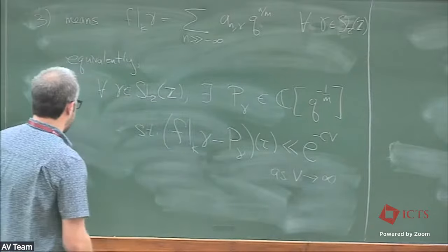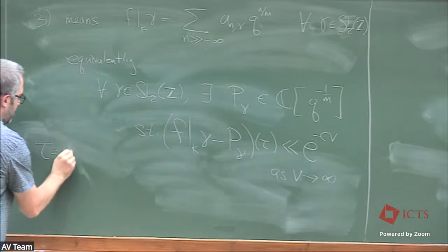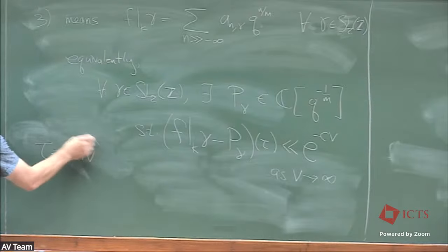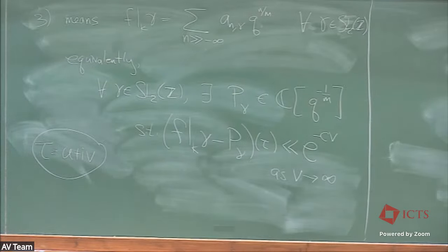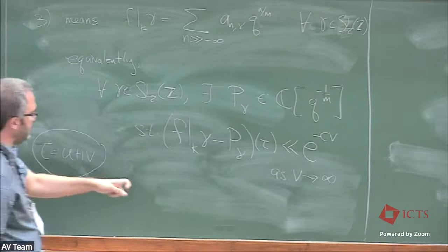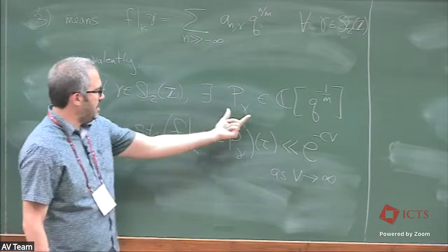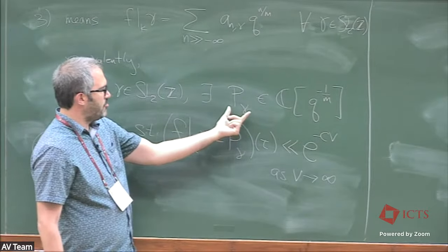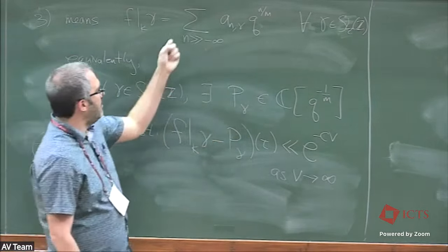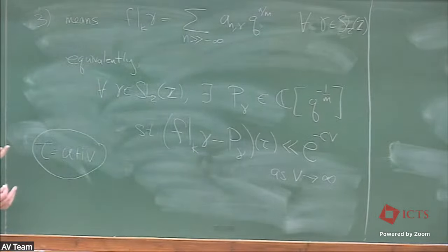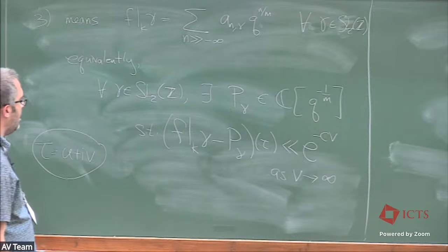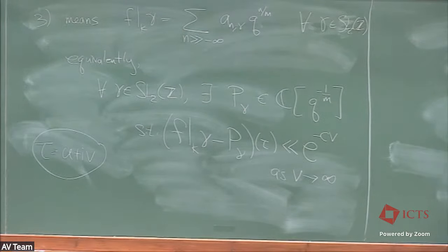Here tau should be u plus iv everywhere. I'm thinking of P sub gamma as being the principal part of this function. So it's all the negative powers of q, and also the constant term if there is one. Okay, so we'll think of P as the principal part.